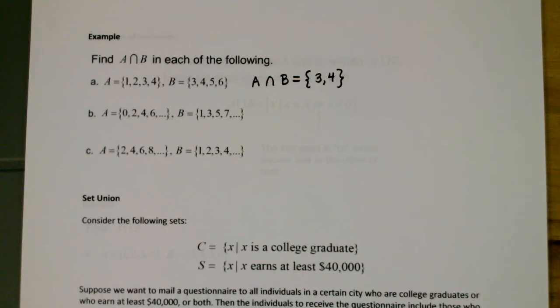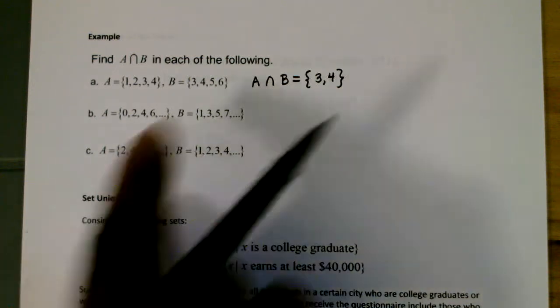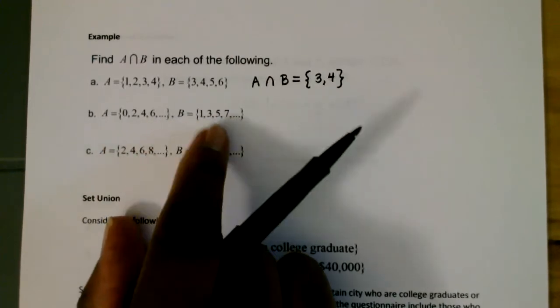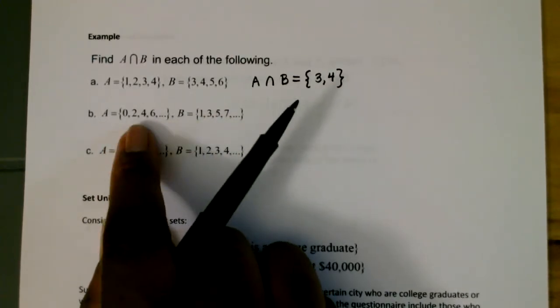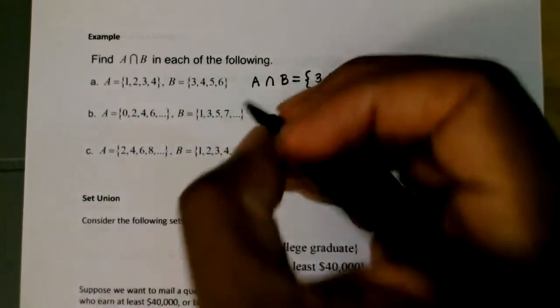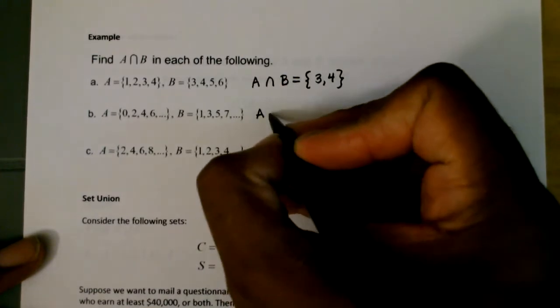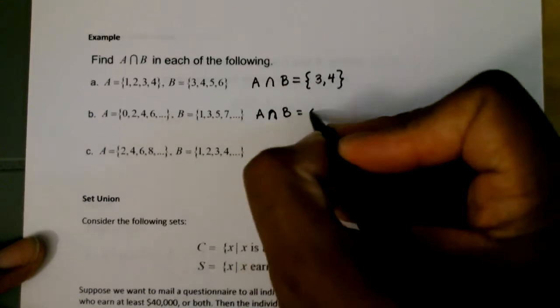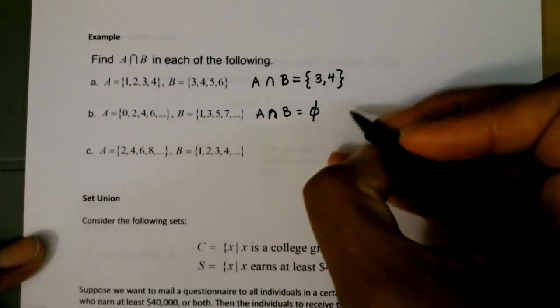Now, part B, we have A with the elements 0, 2, 4, 6, and so on, and B, an infinite set with the elements 1, 3, 5, 7, and so on. We need to find out what elements are common in both A and B. In this case, there are no elements common to set A and set B. So here, the intersection of A and B is the empty set.